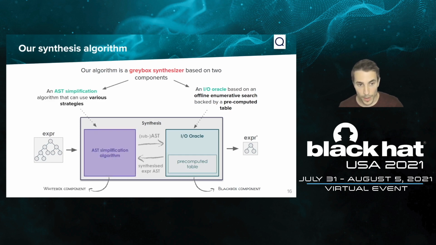And we also have the AST simplification algorithm, which is the white box component. The idea is the following. You have your expression, and you try to synthesize from the root node. If you do not succeed, you iterate through the subnodes, trying to simplify subexpressions opportunistically. That's why you have back and forth between the black box oracle and the AST simplification algorithm.